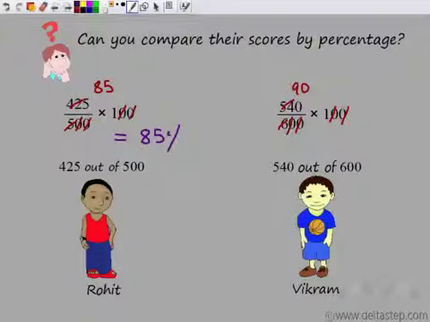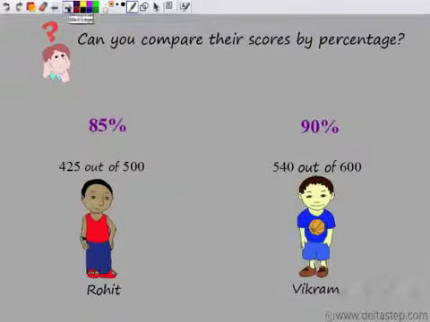So I put this symbol here, that is 85% per 100, 85 marks, 85%, and he is getting 90 per 100, that is 90%. So when I compare these scores by percentage, I get that he is getting 85% and he is getting 90%. So we can clearly see that Vikram is scoring more. He scores 90%, whereas he is getting 85%.